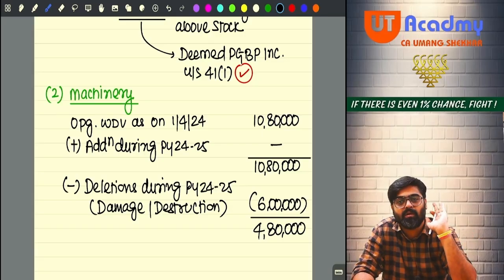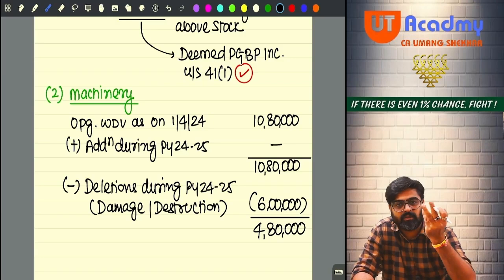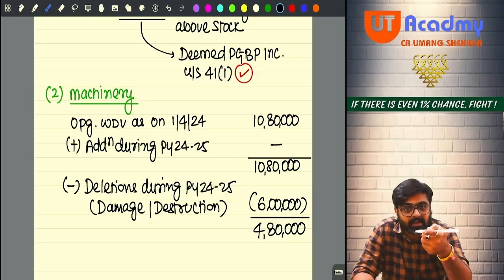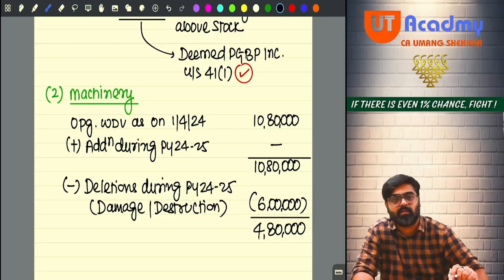So the loss assessor came, they took away the salvage machinery, and they gave the insurance claim of 6 lakh. Now there is no machine left in the block, but still there is value remaining in the block. Can you see the value remaining in the block? How much? 480. So to represent this 480, is there any machinery in the block?